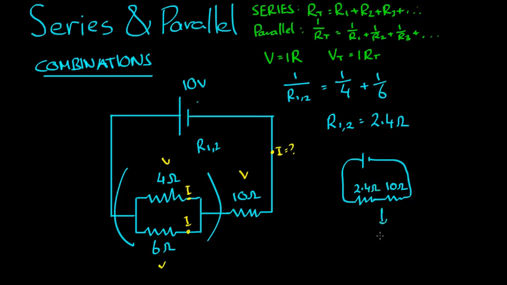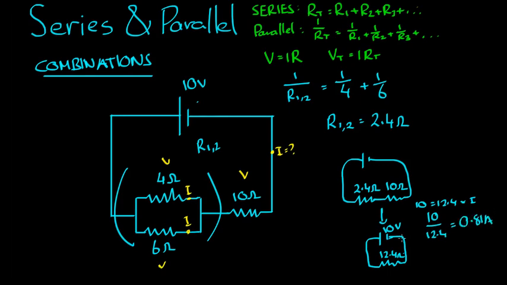And then we can further pretend that from the perspective of the battery, it doesn't see the two resistors, it sees 10 plus 2.4 using this formula here, 12.4 ohms. And if this is the case, we have 10 volts total voltage, 12.4 ohms total resistance, 10 is equal to 12.4 times I, V equals IR, so 10 divided by 12.4 is equal to 0.81 amps.